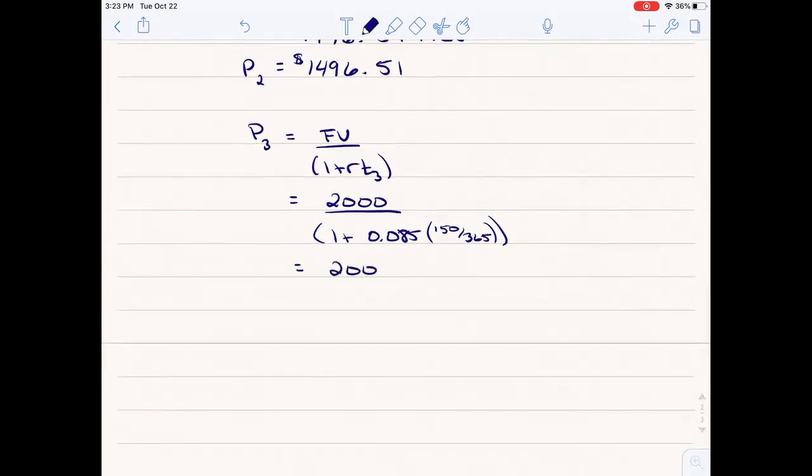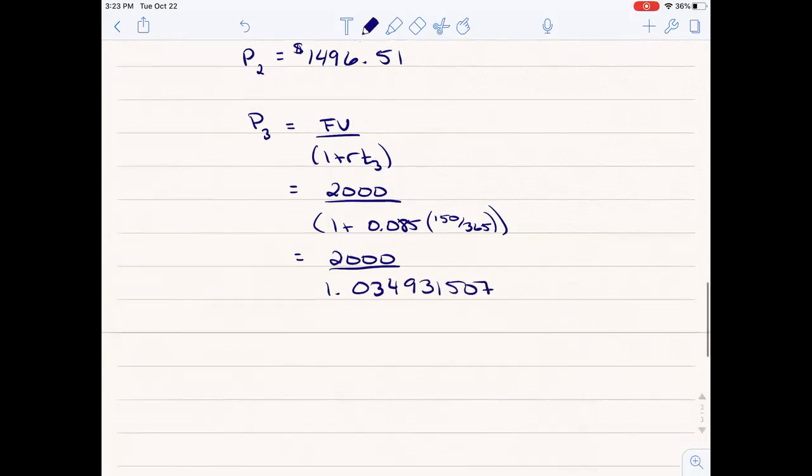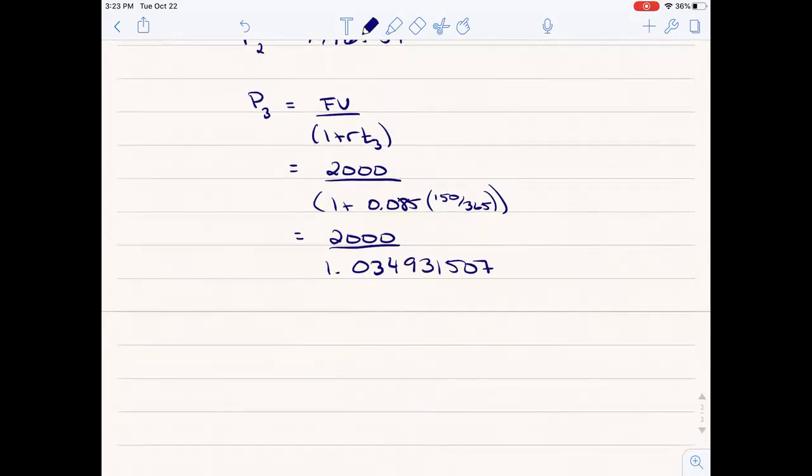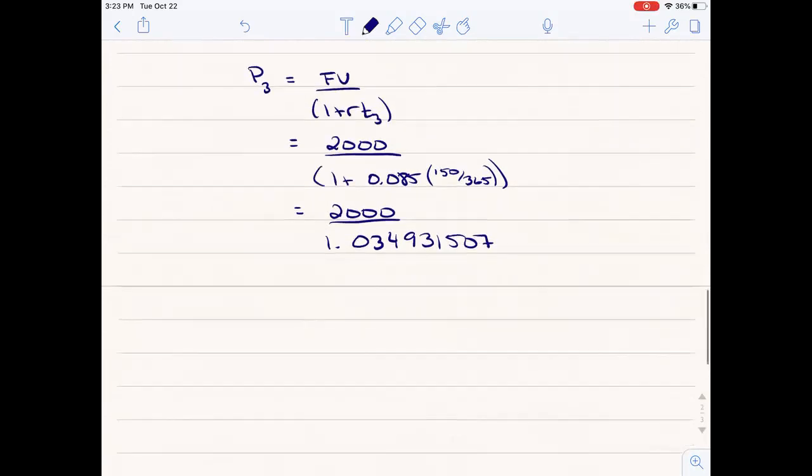I get 2,000 divided by 1.034931507. 2,000 divided by previous answer.